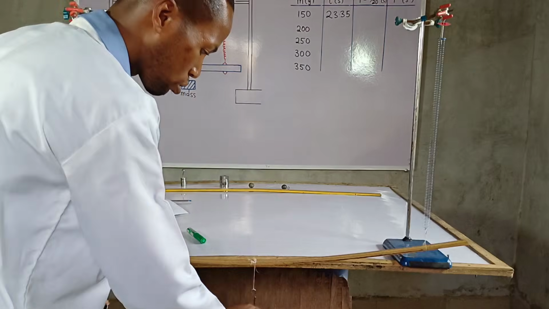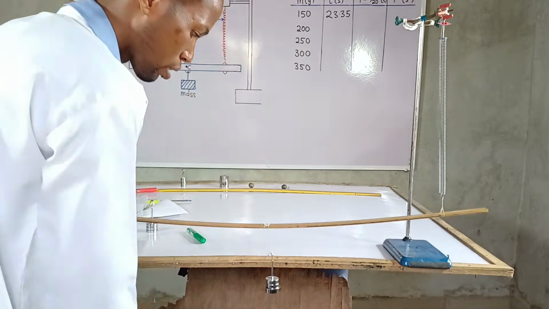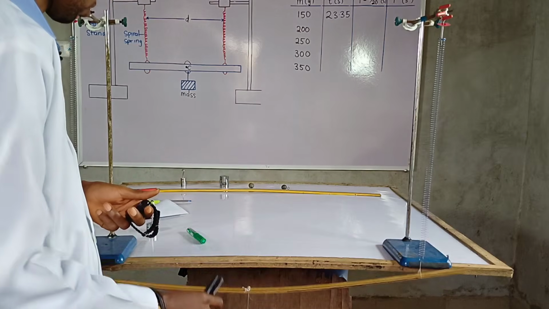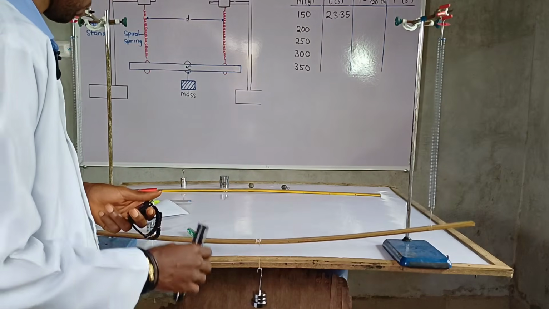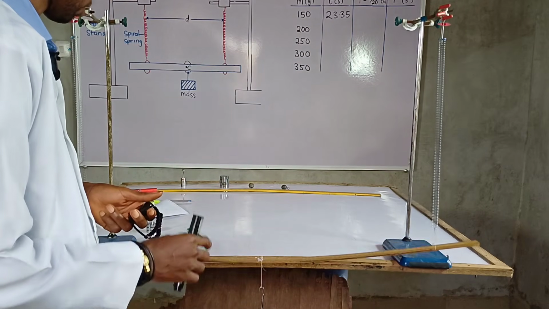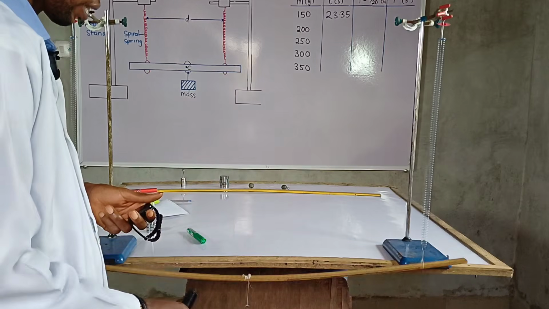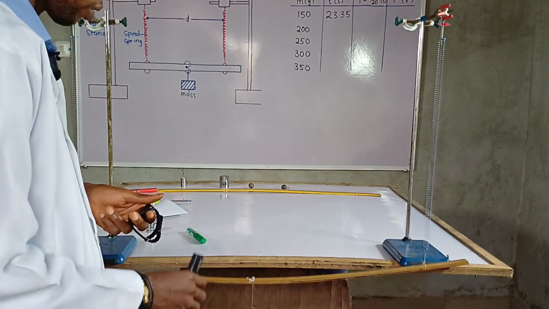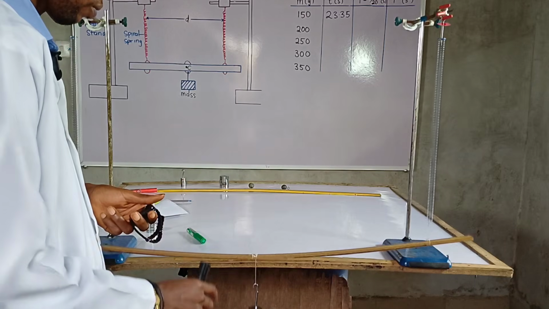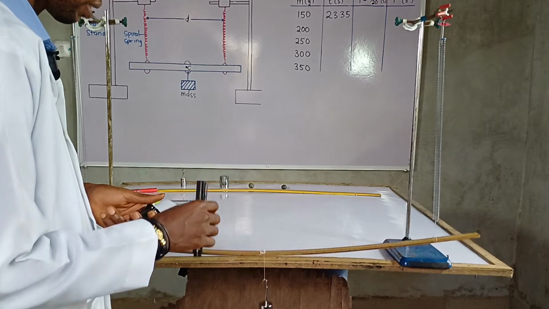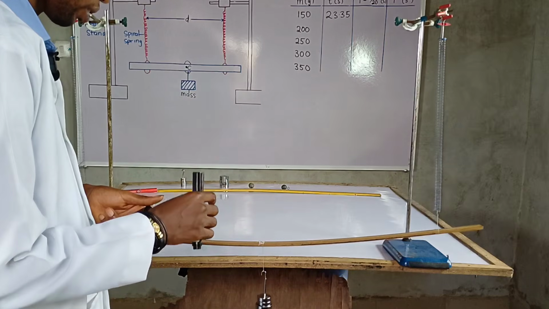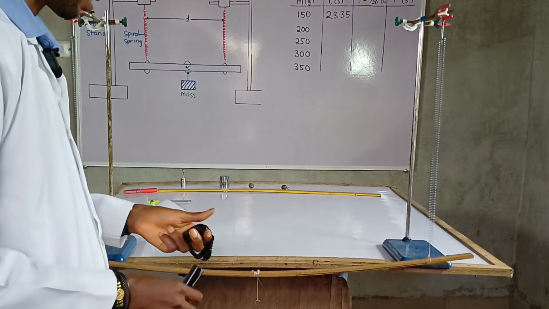So we can put it into oscillation, 20 oscillations. 1, 2, 3, 4, 5, 6, 7, 8, 9, 10, 11, 12, 13, 14, 15, 16, 17, 18, 19, 20.